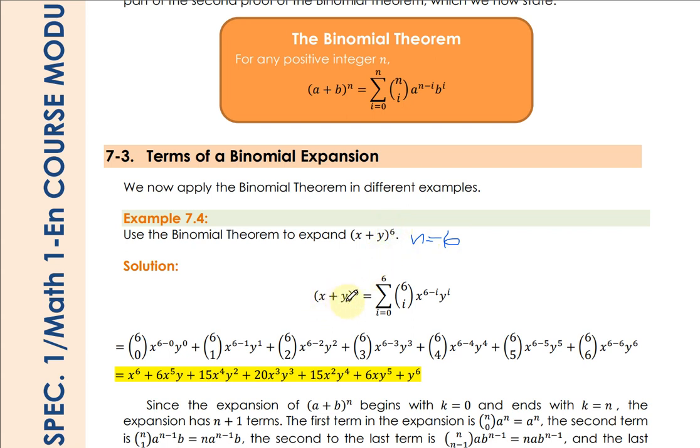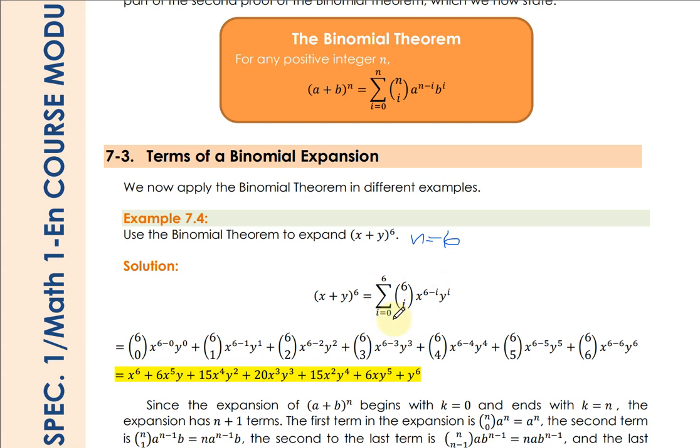So x plus y to the power of 6 is equal to the summation of 6 combination i, where 6 here is our n, times x to the power of 6 minus i, times y to the power of i, where our i is from 0 to 6.